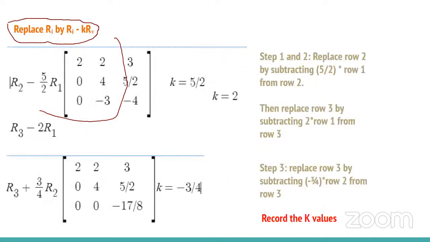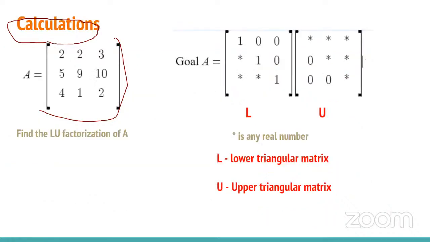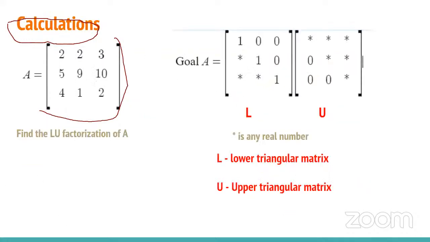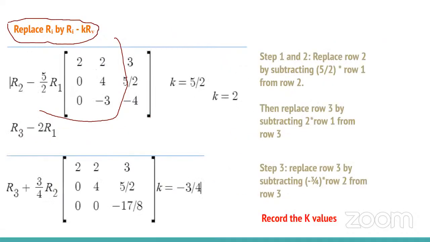So we start from row 2, which is 5 here. We say row 2 minus 5 over 2 times row 1. The first number in row 2 is 5, minus 5 over 2 times 2, which is 5. So 5 minus 5 is equal to 0. That will give us 0 here.